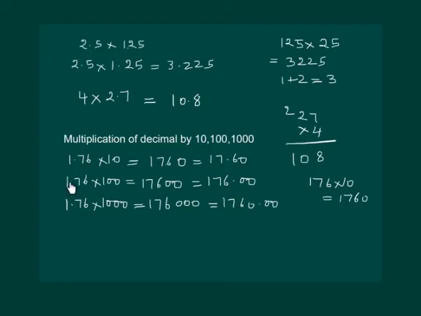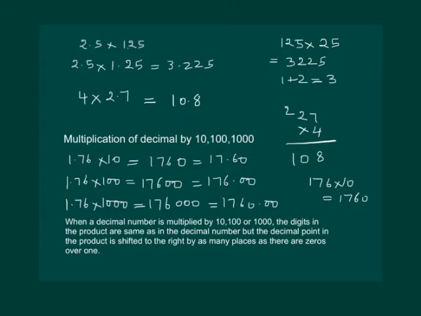It has shifted to the right 2 places when multiplied by 100 and 3 places when multiplied by 1000. Hence we can say, when a decimal number is multiplied by 10 or 100 or 1000, the digits in the product are same as in the decimal number, but the decimal point in the product is shifted to the right by as many places as there are zeros over 1.